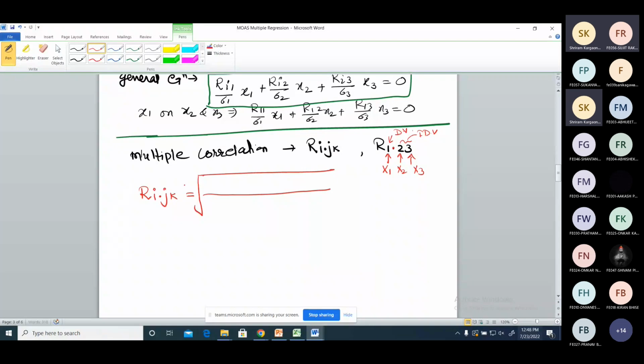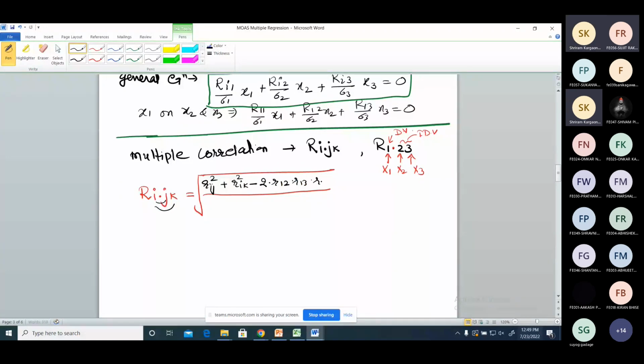So R i dot jk is R ij square plus R ik square minus 2 times all the products R12, R13, R23.